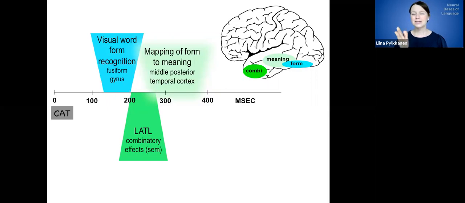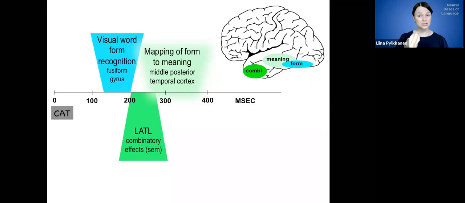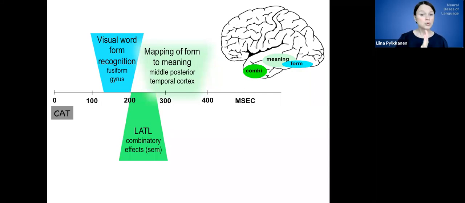So that tells us that the hypothesis that lexical access happens around 300 to 400 milliseconds is not going to be the full story. It seems to be the case that when we're composing meaning in a context, there is enough meaning available already around 200 milliseconds that we can start to combine concepts, at least in certain situations. And we talked a little bit about the limits of this type of quick conceptual combination.